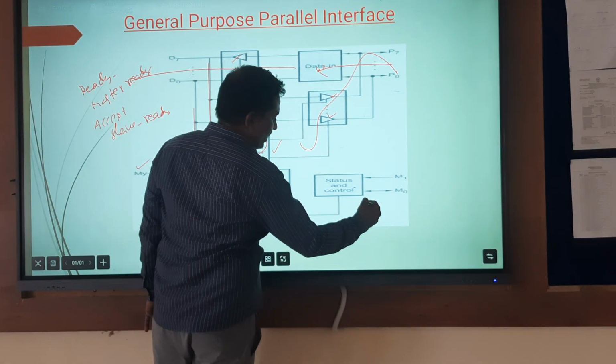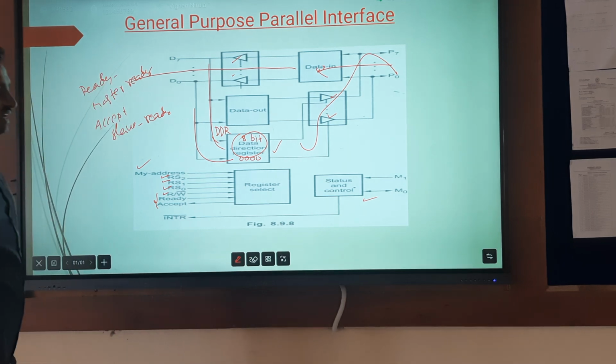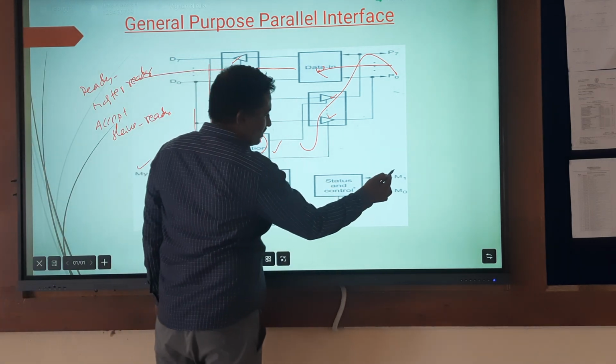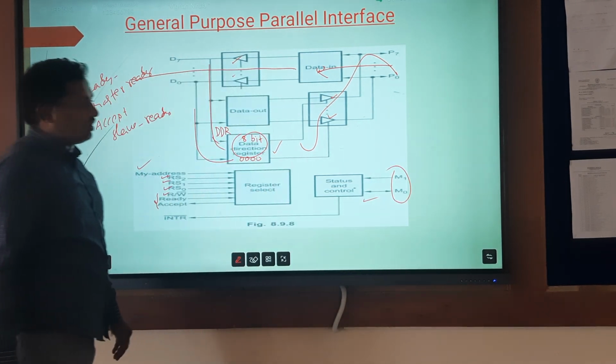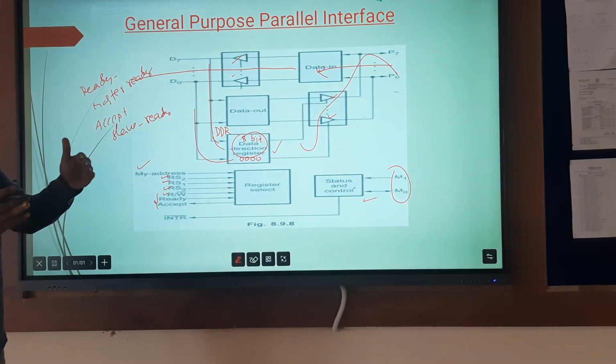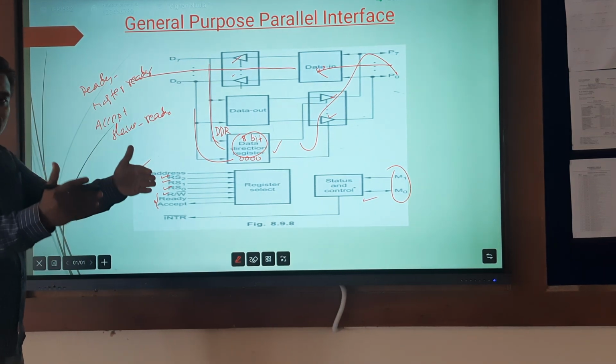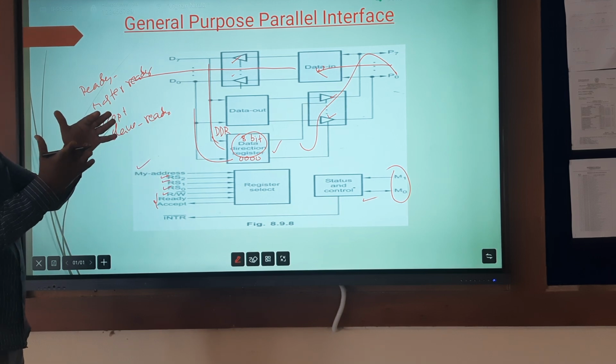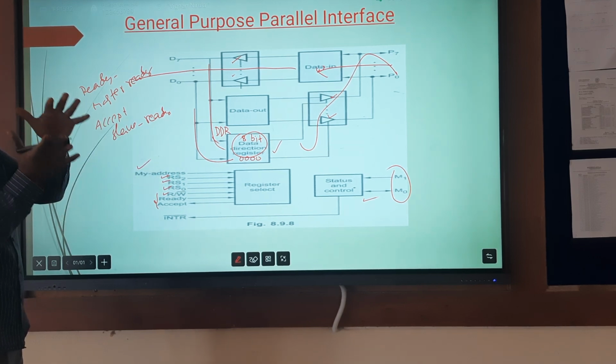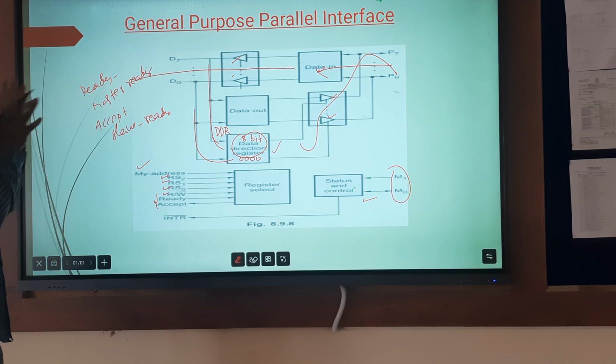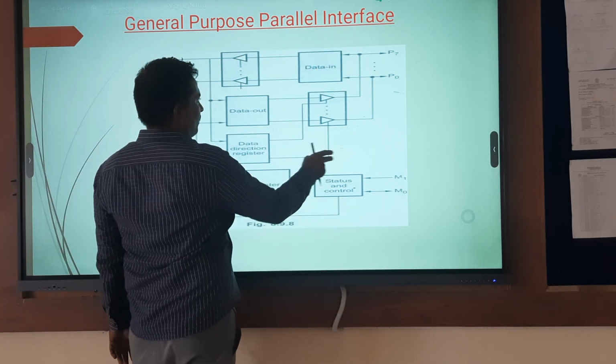And these 2 are the control signals, status and control signals, that are M1 and M0. Okay, this is the modified combined input output parallel interface circuit. Its cost is less and it has fewer interconnections compared with the previous case.